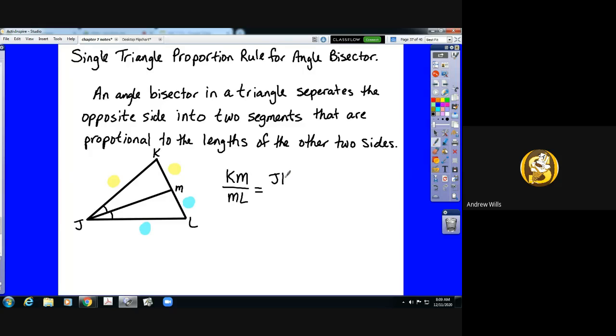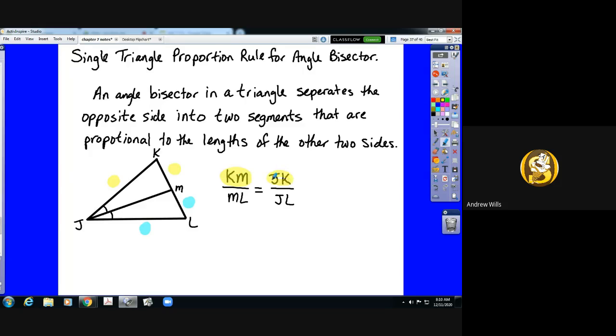JK would go on top and JL would go on the bottom. Notice that since this piece went on top, the side it's connected to goes on top in the other fraction.